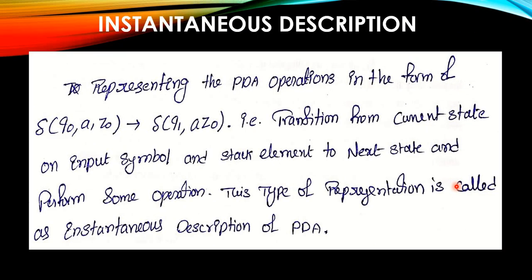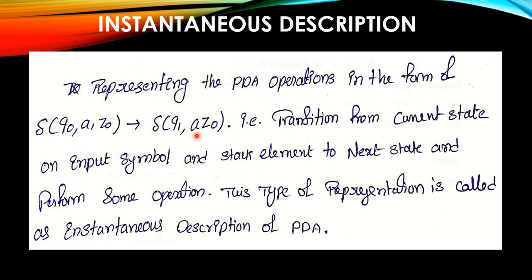Just now we discussed the graphical notation, and the instantaneous description is almost the same. Now we observe what is meant by instantaneous description. Instantaneous description is nothing but representing the pushdown automata operations in the form of (Q0, A, Z0) derives (Q1, A Z0).